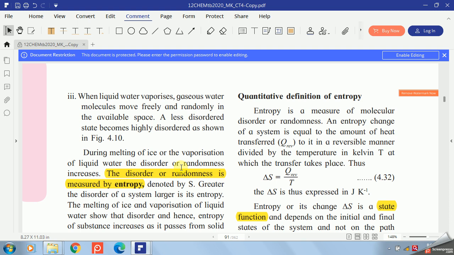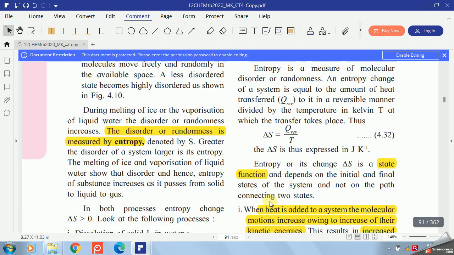Q reversible is the amount of heat transfer, and T is the temperature. So delta S is equal to Q reversible divided by T. All are familiar with the unit of Q, heat, which is joule, and temperature in Kelvin. So the unit for change in entropy is joule per Kelvin.